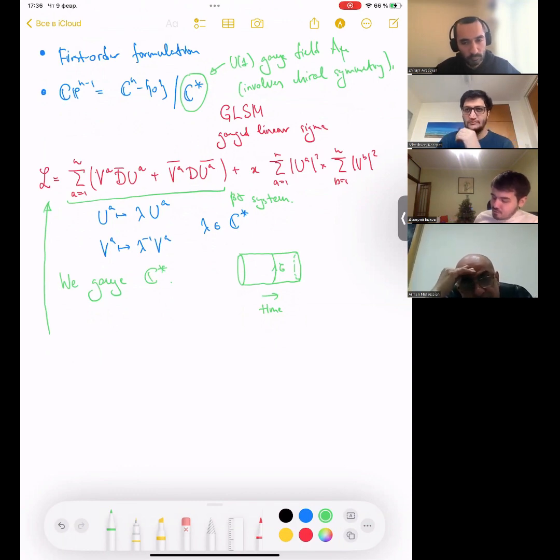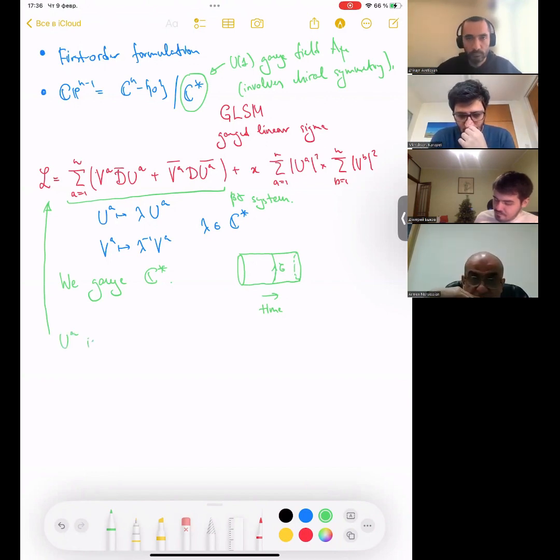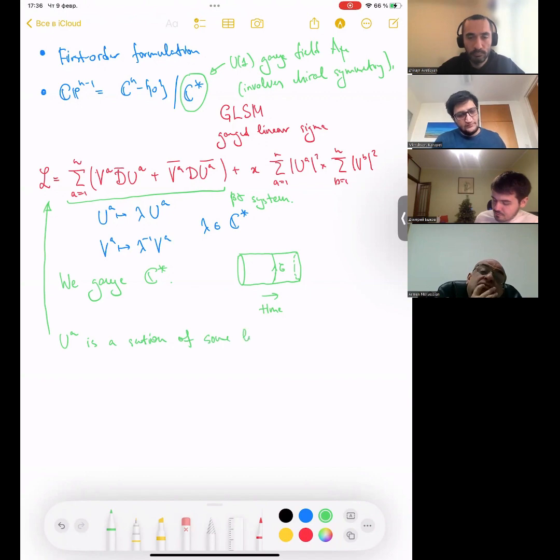You could say that U A is a section of some line bundle L over sigma, and V is a section of a dual.